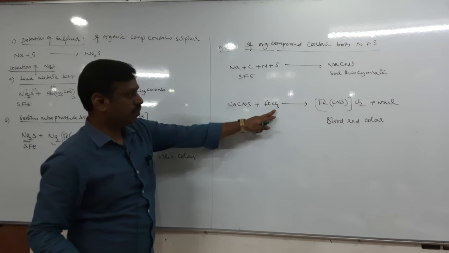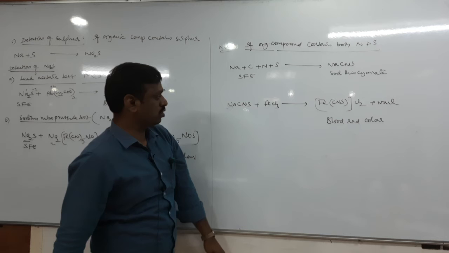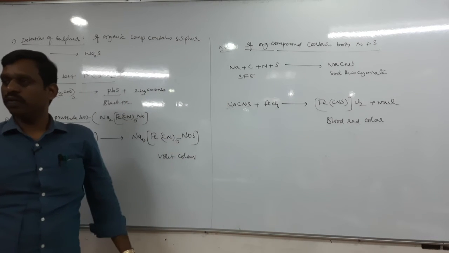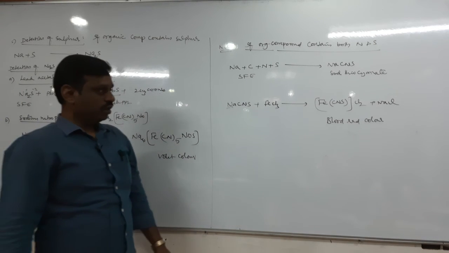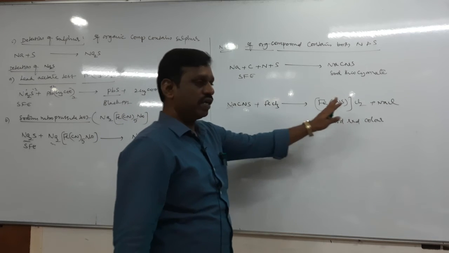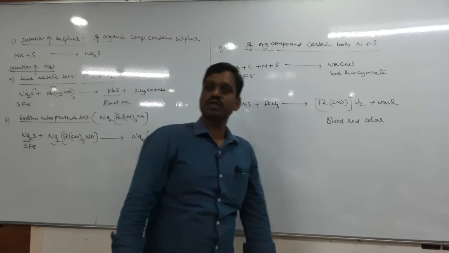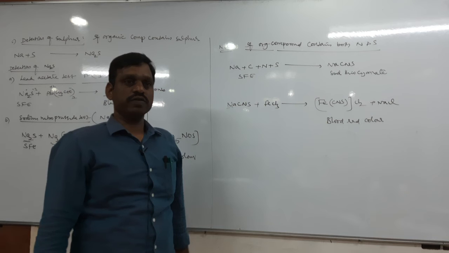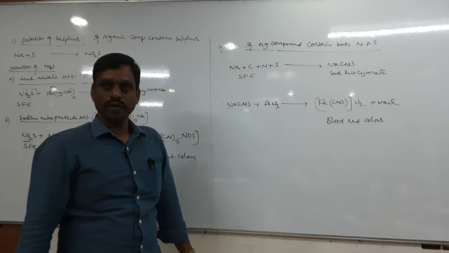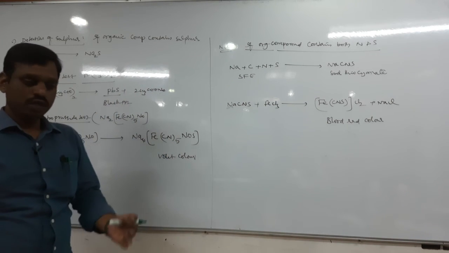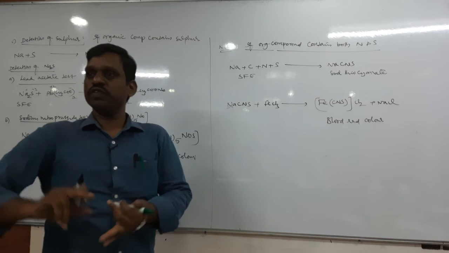One sodium, one Cl, Cl2. Okay. So the appearance of blood red color indicates the presence of both nitrogen and sulfur, right? It is a detection of sulfur. Now detection of nitrogen over, detection of sulfur over.